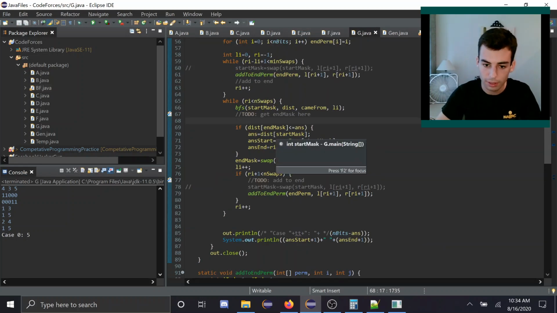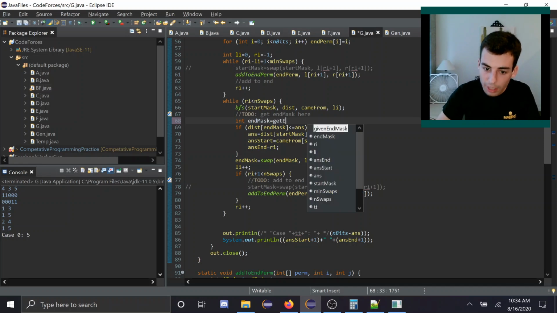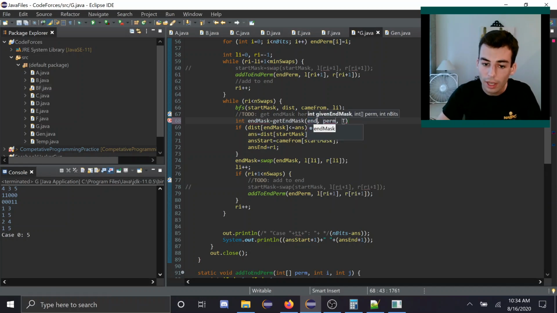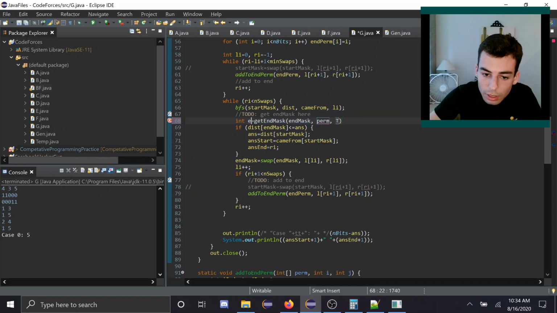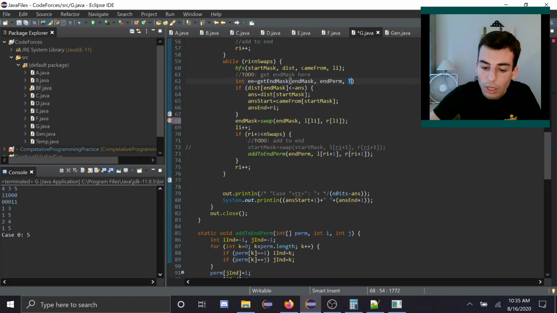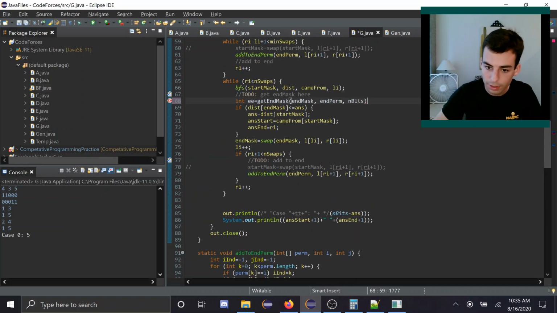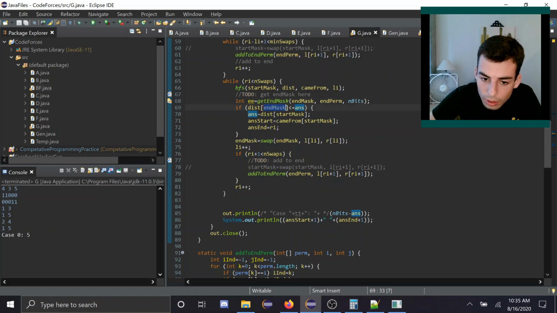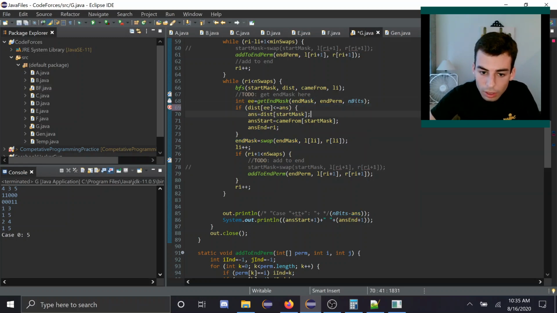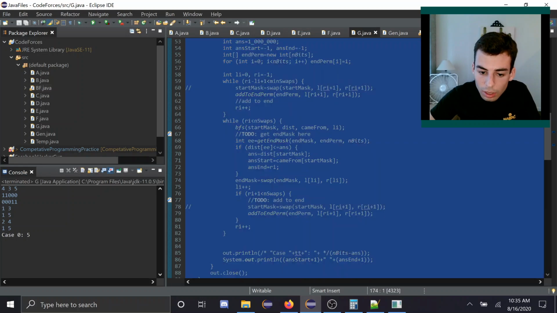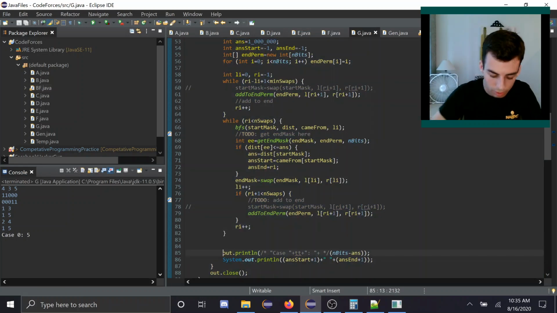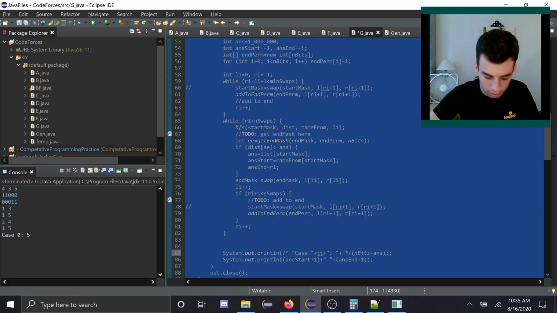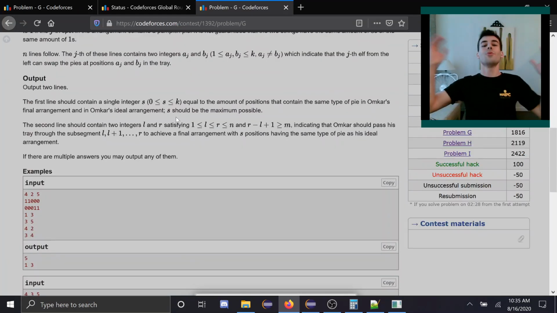Okay, this is int end mask equals get end mask, end mask, and perm, and bits. No!